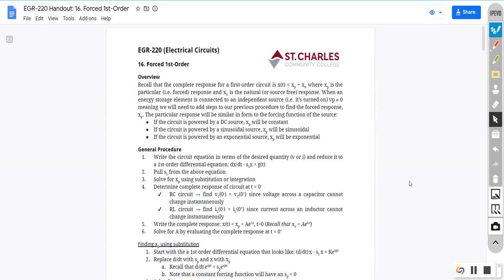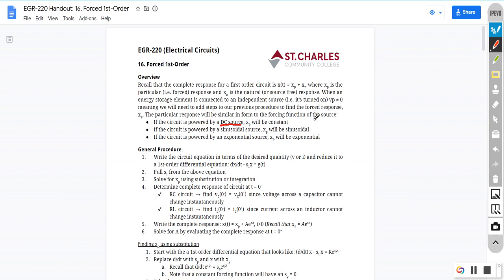If you remember back in section 14, we had source-free or unforced first order circuits. In this section we're going to add in a forcing function. If our forcing function is DC, like 12 volts or 2 amps, the particular response will be constant.